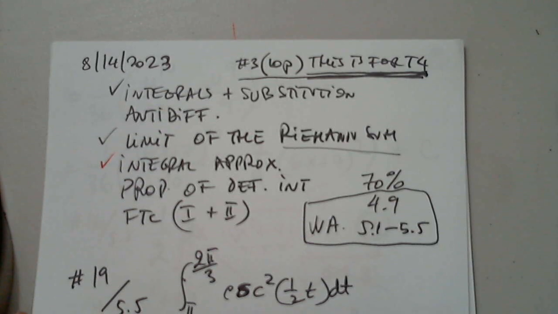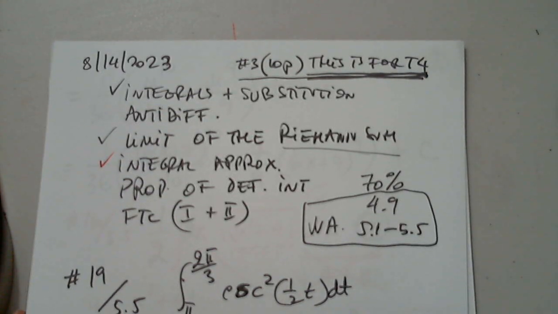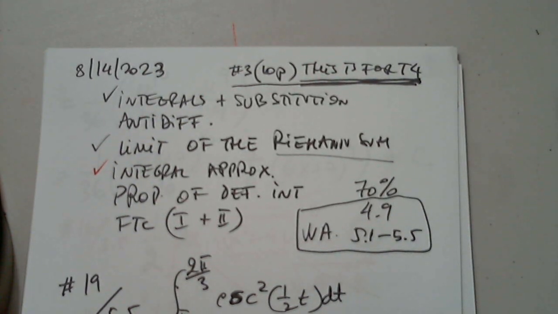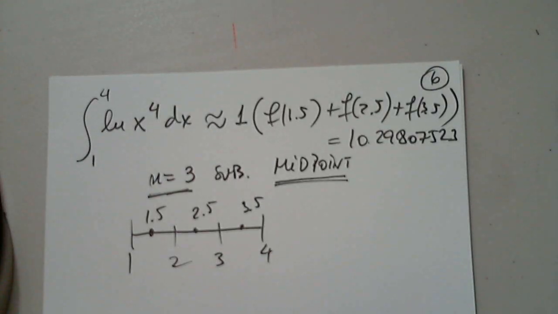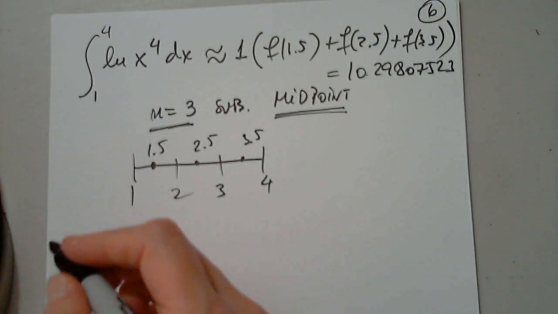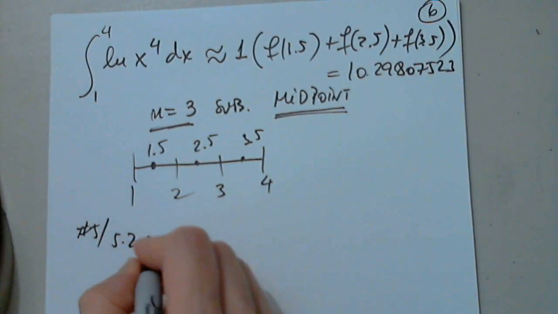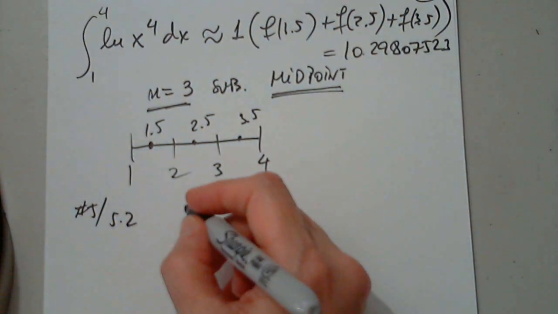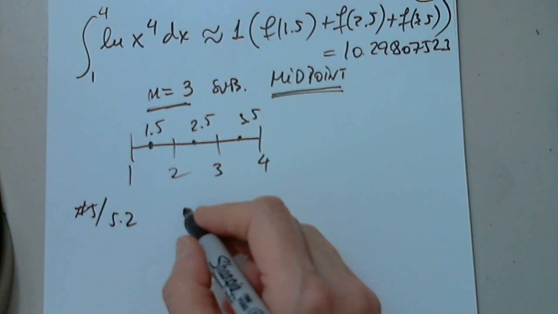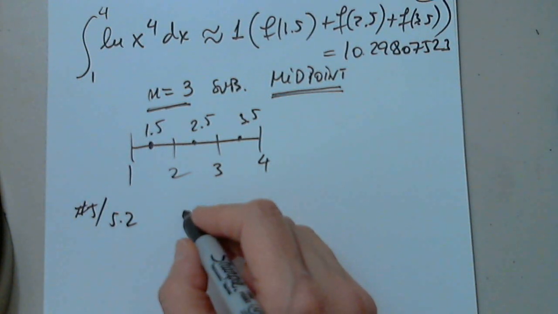So what is the next question? Can we do 5.2 on the web assign? Yes. Question 5. It's: express the limit as a definite integral on the given interval.